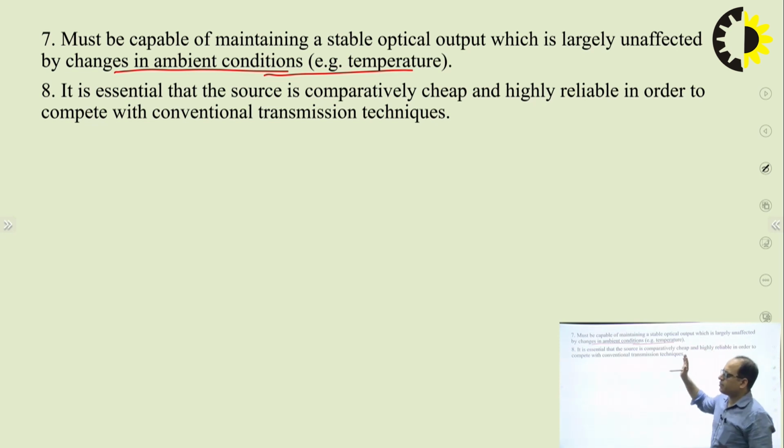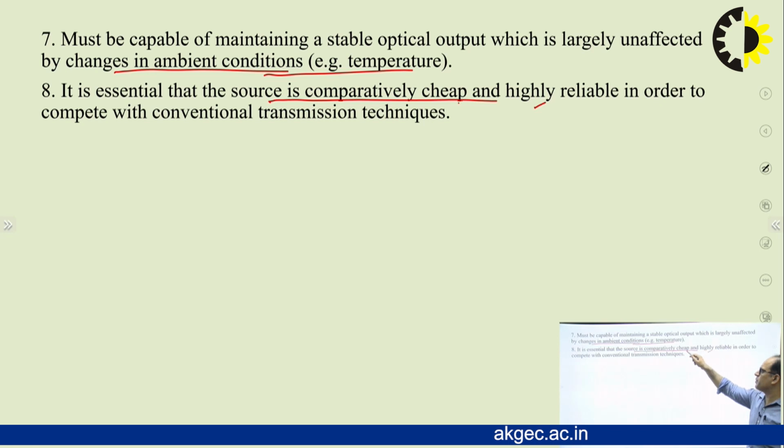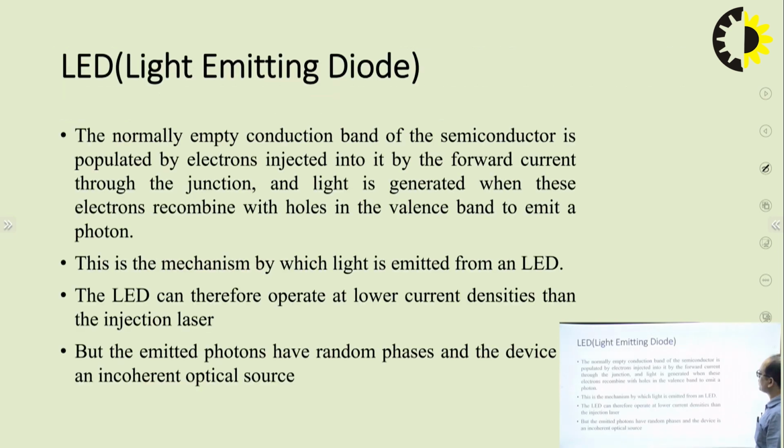The optical source should also be comparatively cheap and highly reliable in order to compete with conventional transmission techniques, and easily compatible with the latest techniques used at the transmission side.